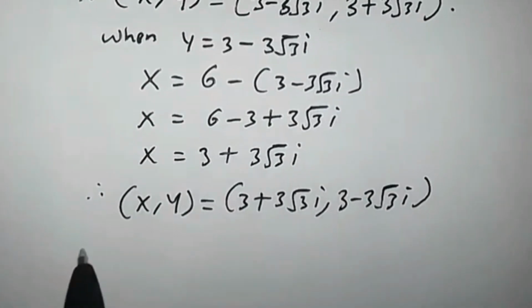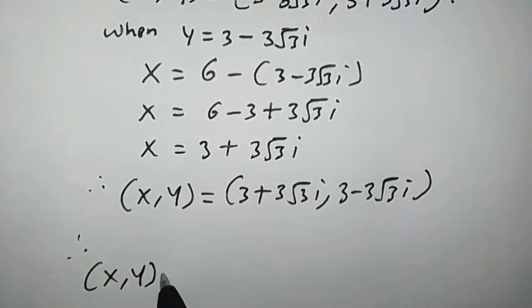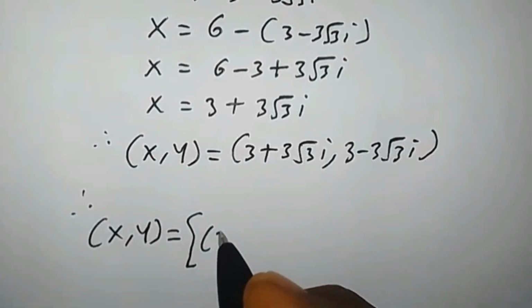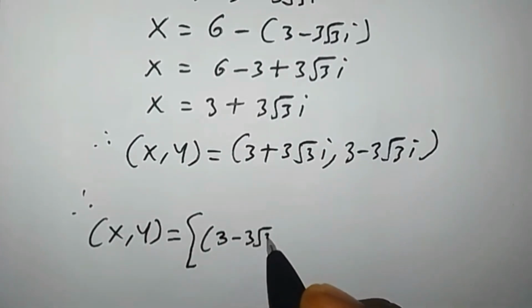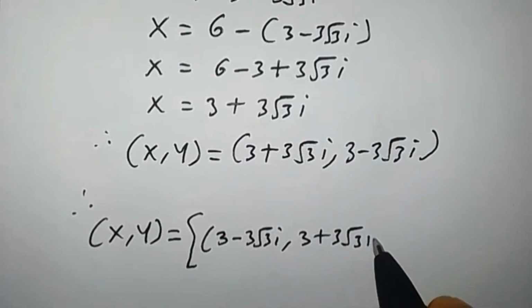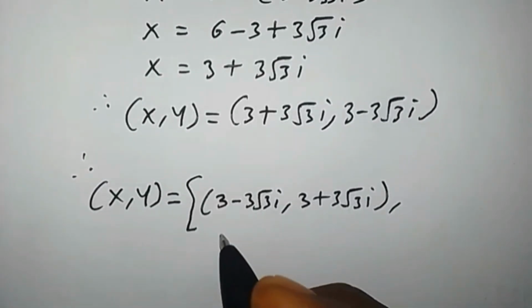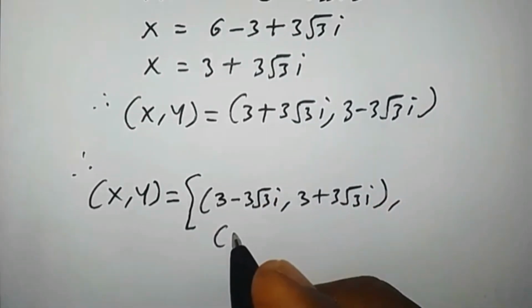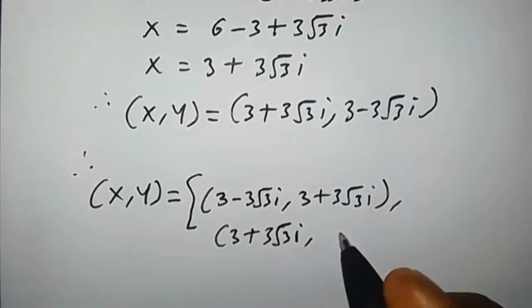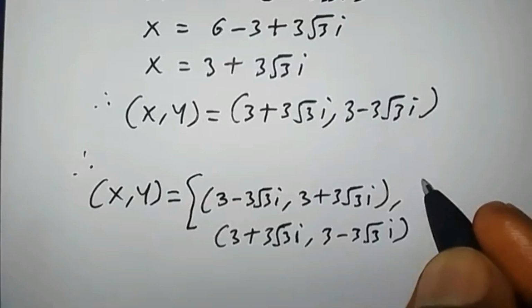You will deduce that all the solutions that we have, x comma y is equal to the set of, the first solution that we obtain is 3 minus 3 root 3i, comma 3 plus 3 root 3i, and the second solution is this guy, 3 plus 3 root 3i, comma 3 minus 3 root 3i. This is the second solution.